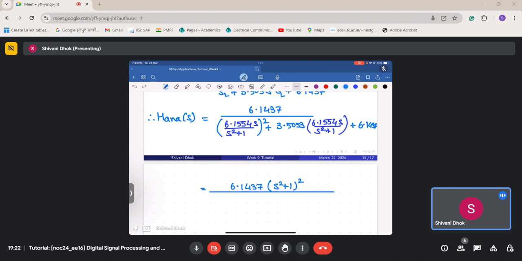So this quantity here is 37.8889 S square plus 21.5765 S into S square plus 1 plus 6.1437 into S square plus 1 square.